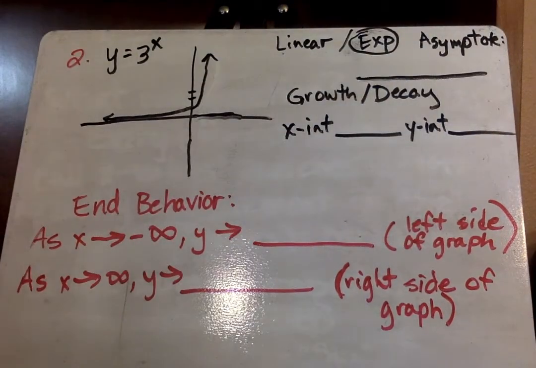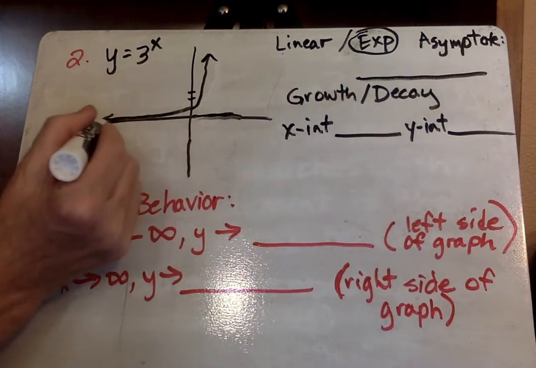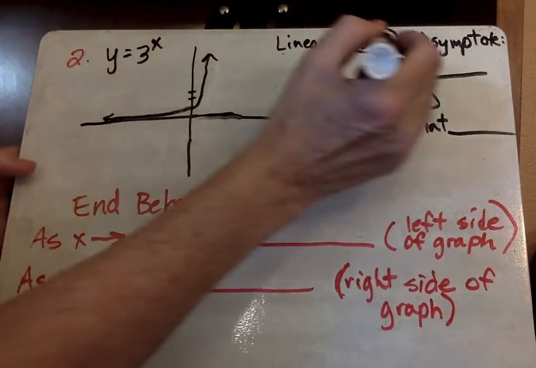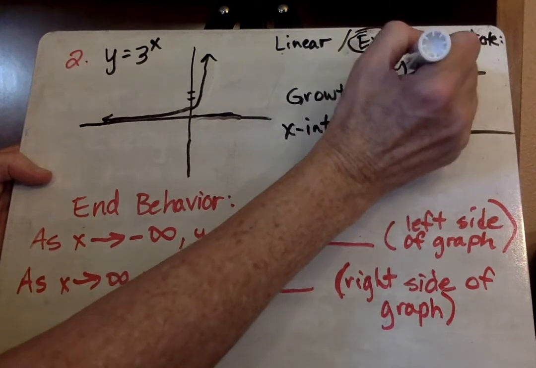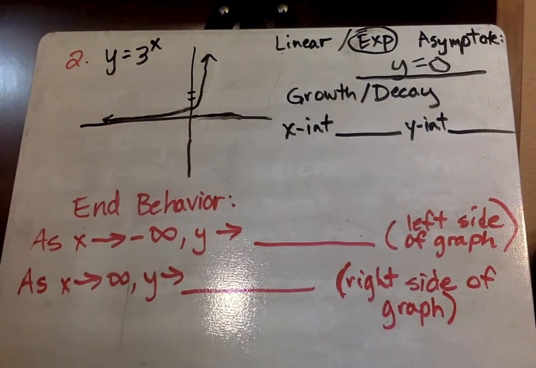And is there an asymptote? Yes, there will be an asymptote. This will always come closer and closer to 0, but it will never hit it. So we say that there is an asymptote at y equals 0, because this line will never hit 0.